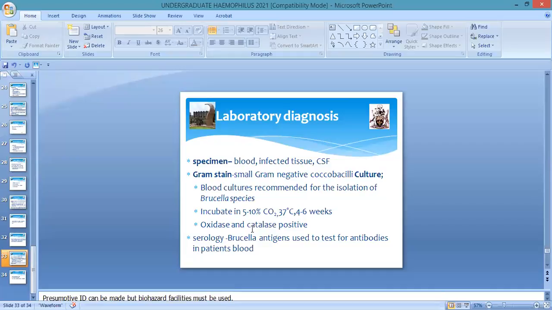Here you also require, because they are microaerophilic, to reduce the concentration of oxygen and put in some CO2. After culture, you need to test for the production of cytochrome oxidase and the catalase enzyme, which are also key.